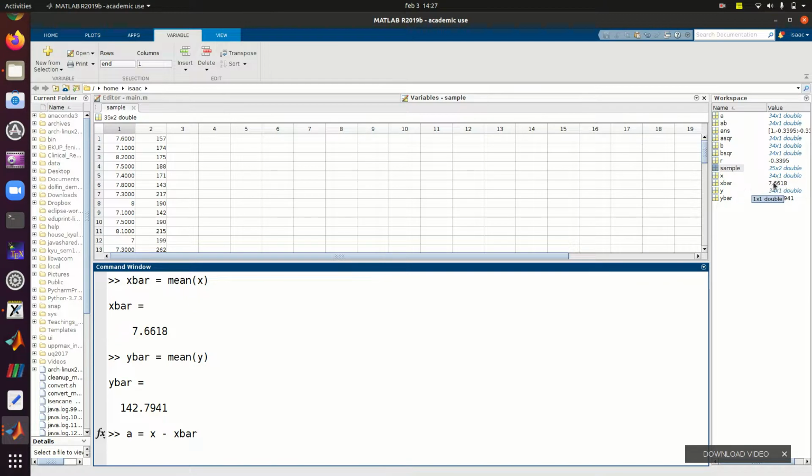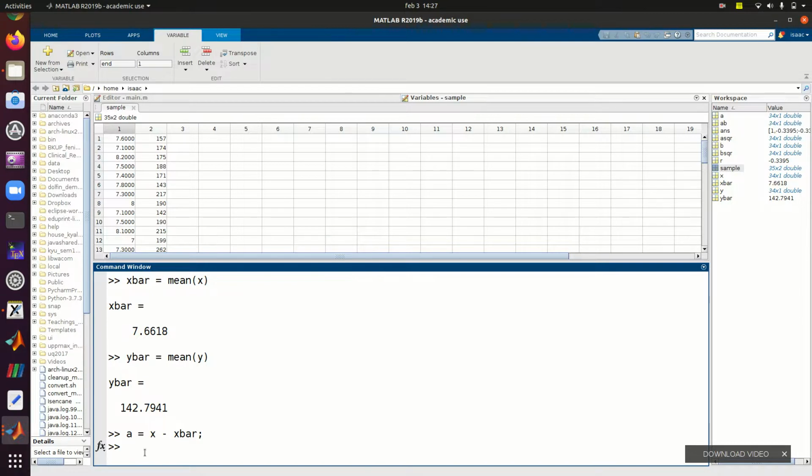But then x bar is simply the mean, which is scalar 7.66. But in MATLAB, if you get a vector minus a scalar, it is going to subtract this scalar from each and every value in the vector. Therefore, the result of x minus x bar is also a column vector. And indeed, we can see here A is a column vector of 34 rows.